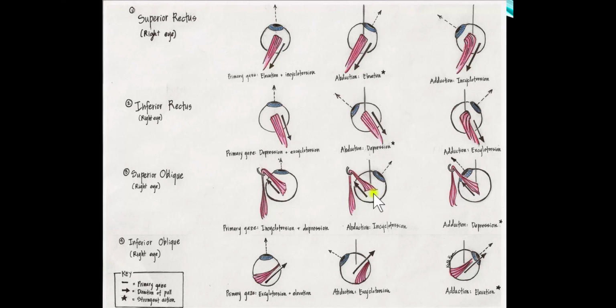But as the eye moves into the abducted position, now just imagine the pulley action here, then the function of the superior oblique when the eye is abducted is almost entirely in cyclotorsion. And I'm sorry I should have the video on to show you this, but it is like this action, down and towards the nose, but it's a torsional eye movement.